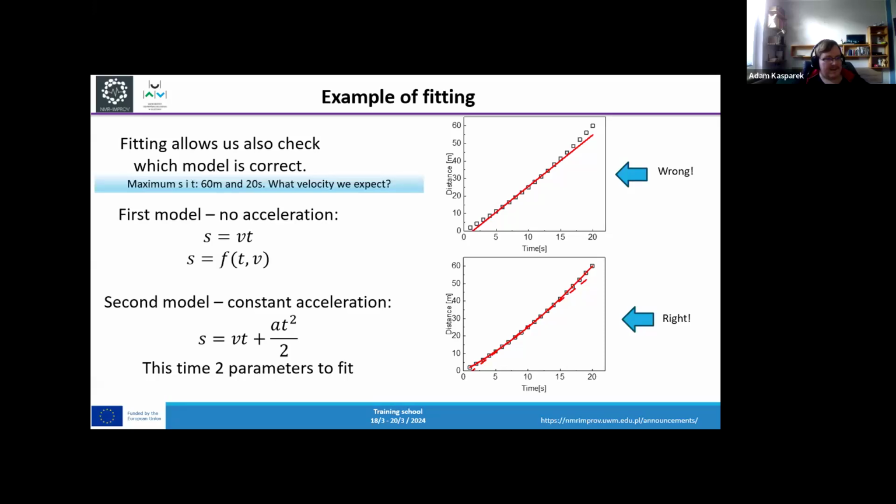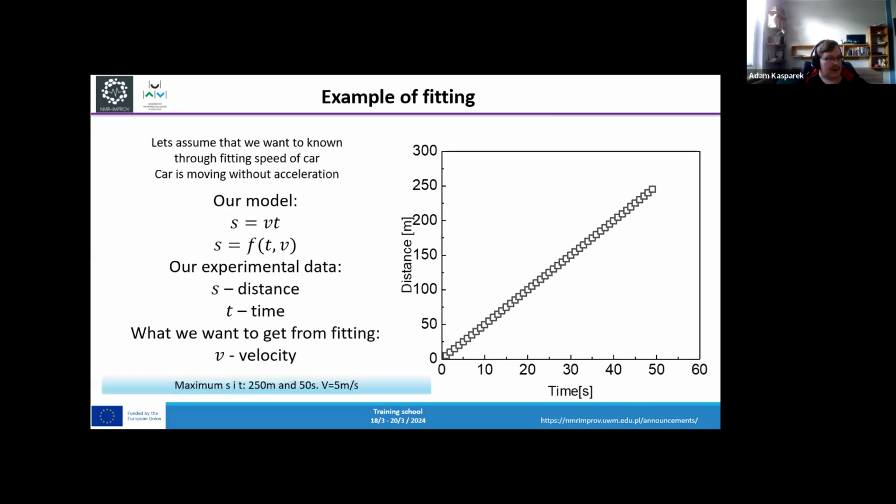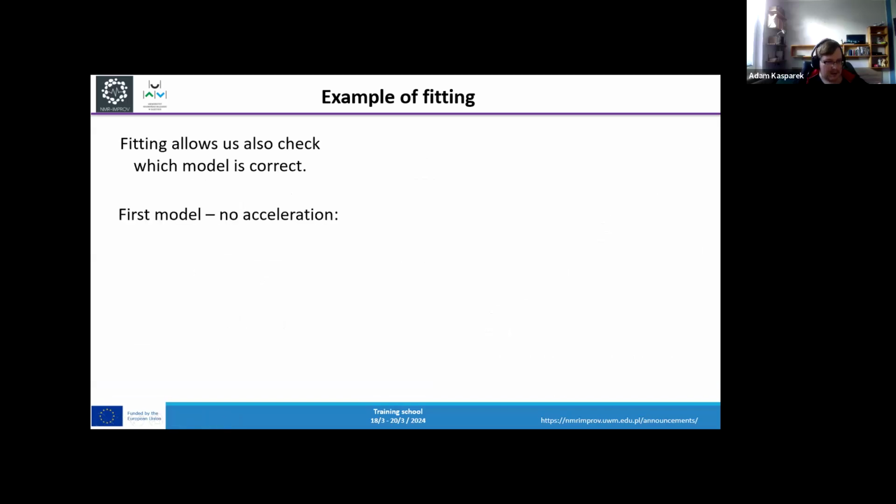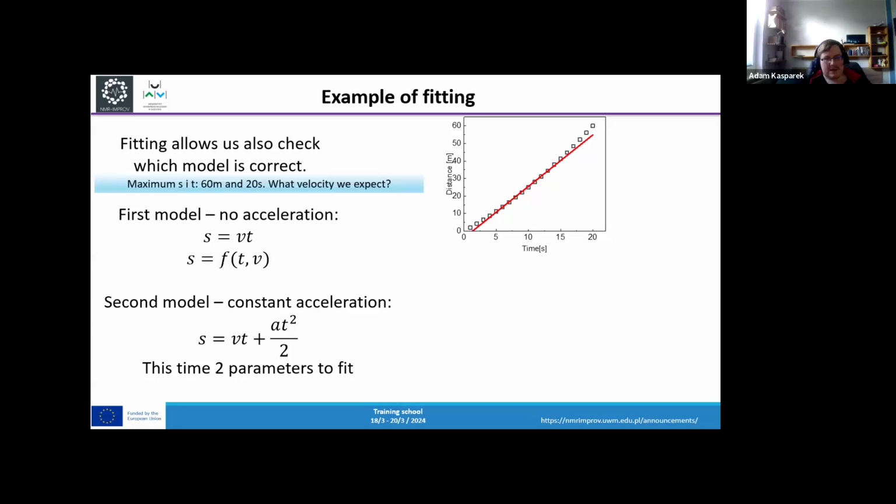So first, if a model with fewer parameters, like here where we fit only speed, is enough to explain the data, we don't have to compare it with another model. For example, if we come back here and fit with the errors, we actually would get better results with acceleration.